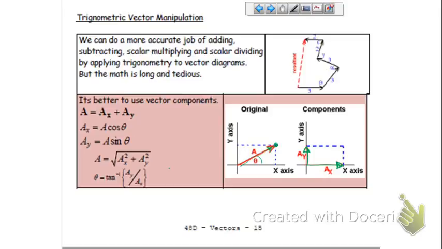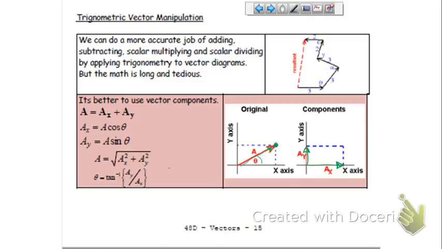Let's say I'm a pilot and I never got the hang of doing compass bearings. I get confused. So my way of going to New York City from Tampa is not to fly 1,300 miles at 74 degrees north of east.